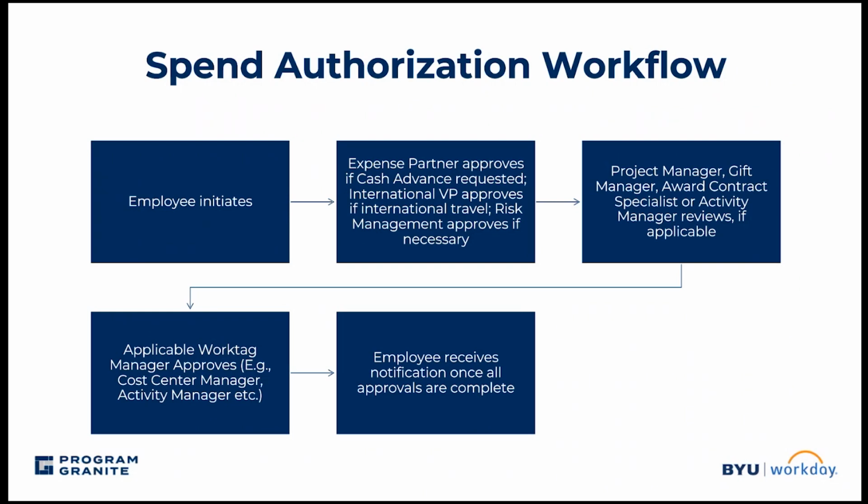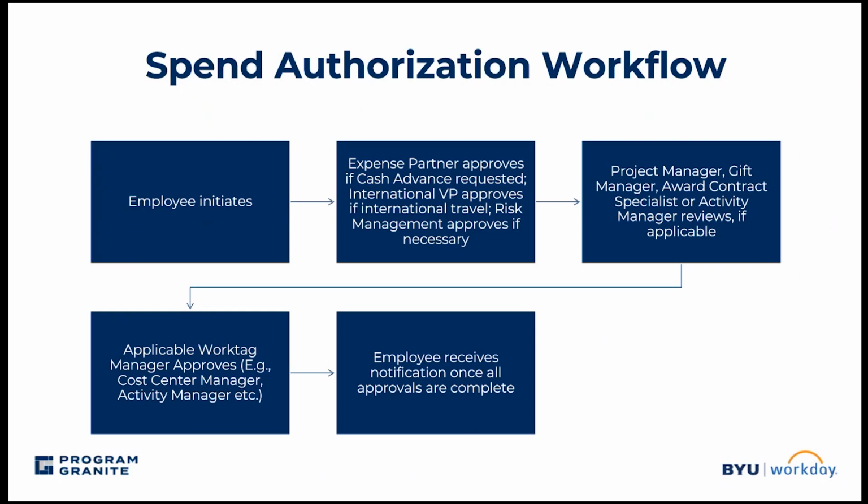Then the activity manager will get an approval for it, then any cost center managers, and finally the employee will receive notification. So it'll go through kind of the same processes that we already have for the approval processes.